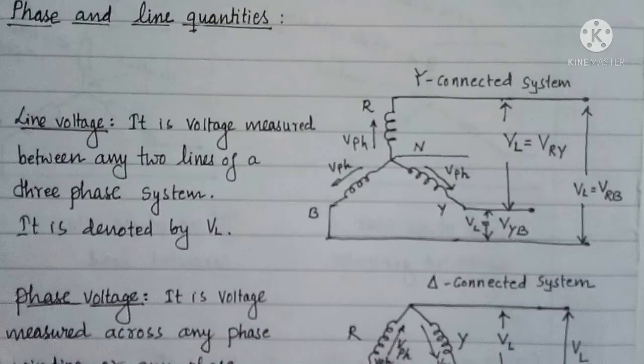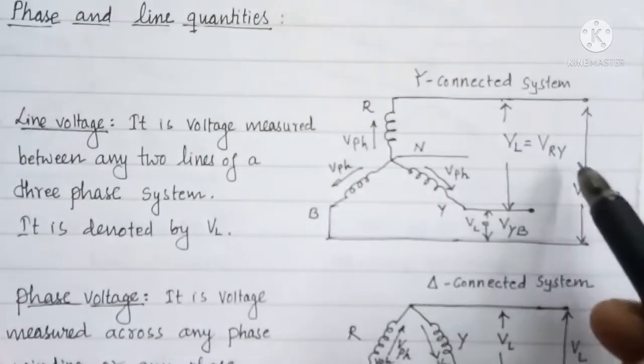Then VRY is equal to what? VRY is equal to potential of line R with respect to neutral minus potential of line Y with respect to neutral. Since line R is at potential of VRPH with respect to neutral and line Y is at potential of VYPH with respect to neutral, VRY becomes VRPH minus VYPH.